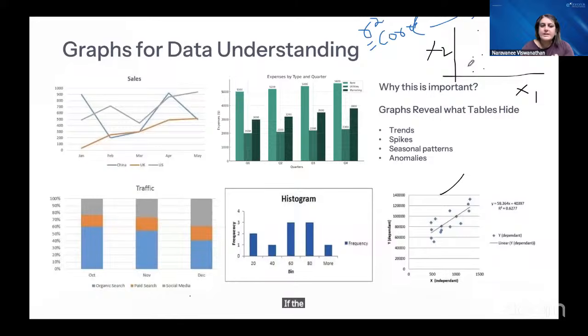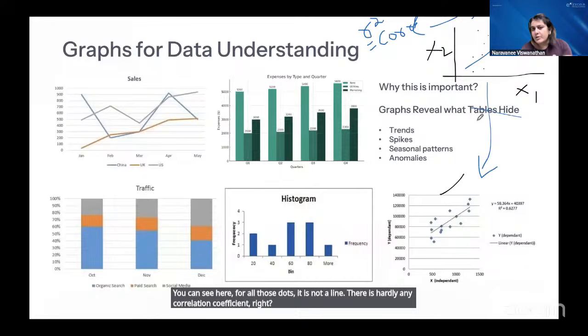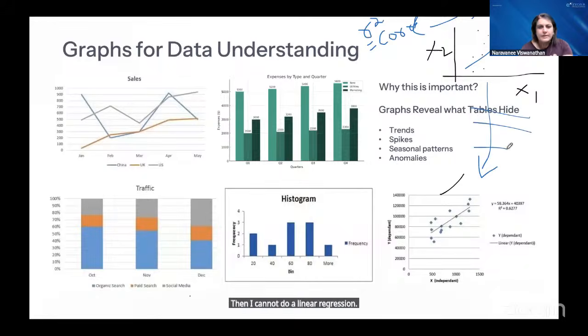If this correlation coefficient is a line, only then you will do a linear regression. You can see here, for all these dots, it is not a line. There is hardly any correlation coefficient, right? Then I cannot do a linear regression. Is it clear, everyone? So what does a correlation coefficient do? It tells you the relationship between x and y.